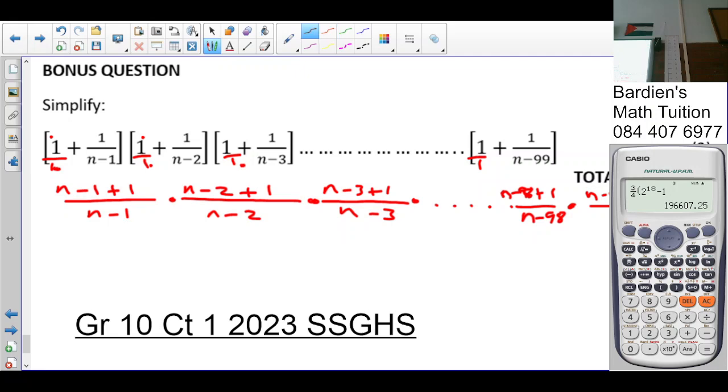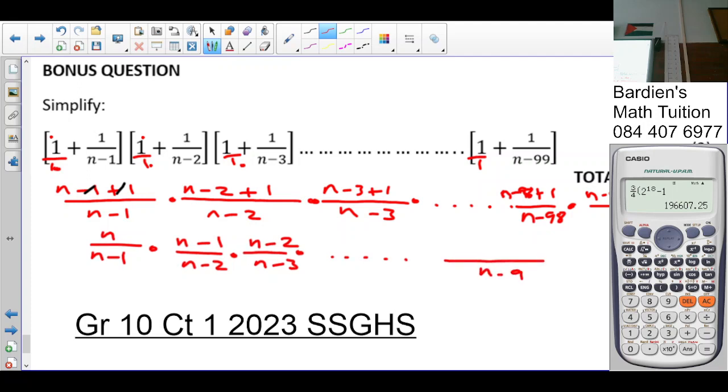So what you notice here is that it cancels. Leaves you with n over n minus 1 times n minus 1 over n minus 2 times n minus 2 over n minus 3 times, and so on. The second last one is going to be n minus 98 over n minus 97. The last one is n minus 98 over n minus 99.